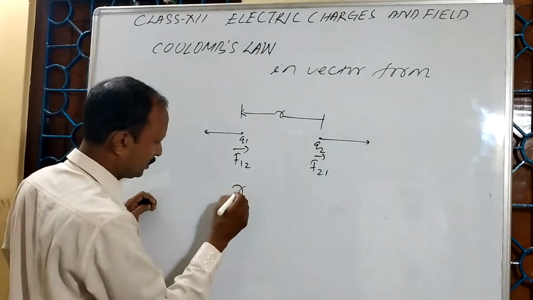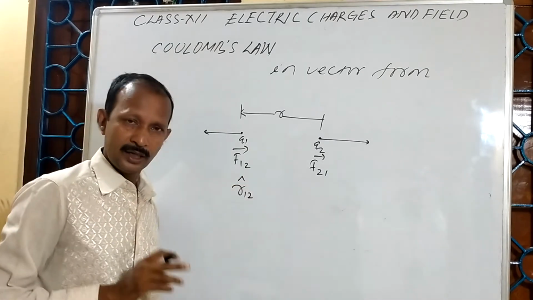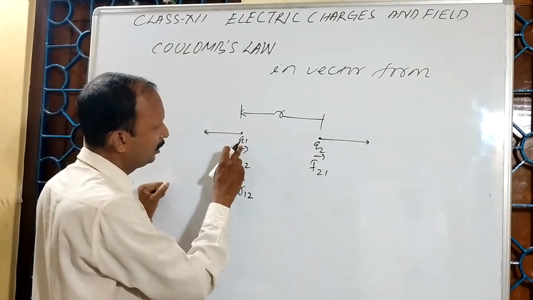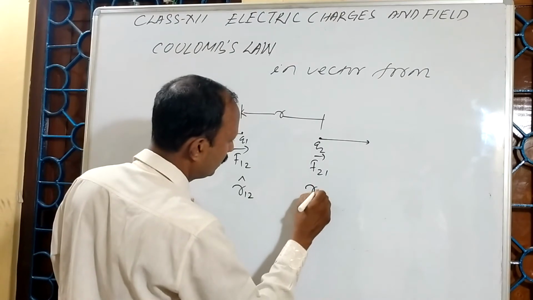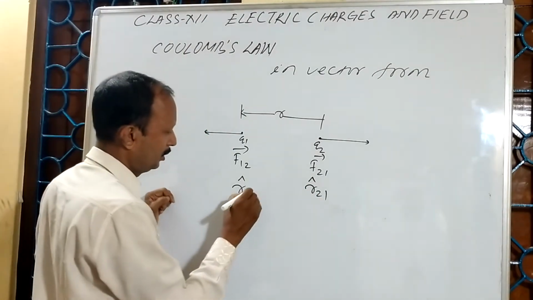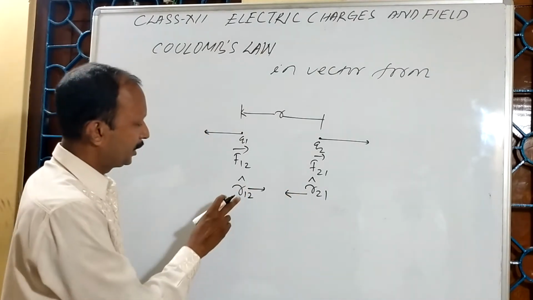Now I shall take this unit vector. That means the distance from charge Q1 to charge Q2, and this one I shall take R21. So this is R12, this is R21.